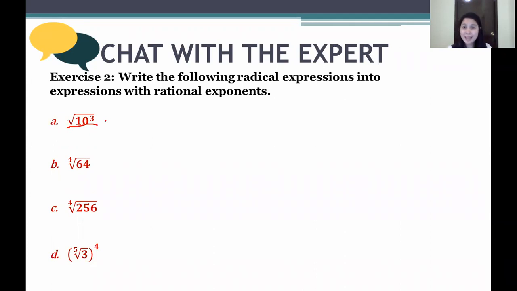Square root of 10 cubed. How do we write it in rational exponents? Let's see in the chat box. Square root of 10 cubed.